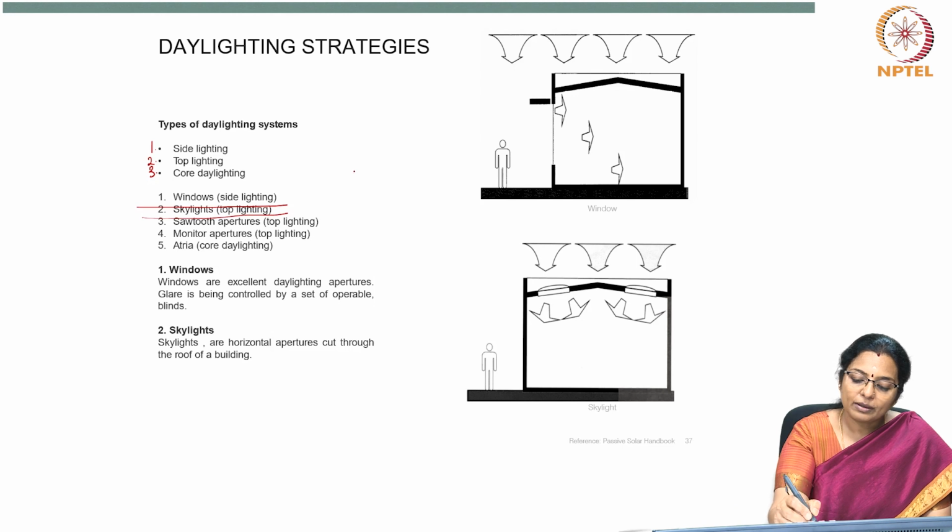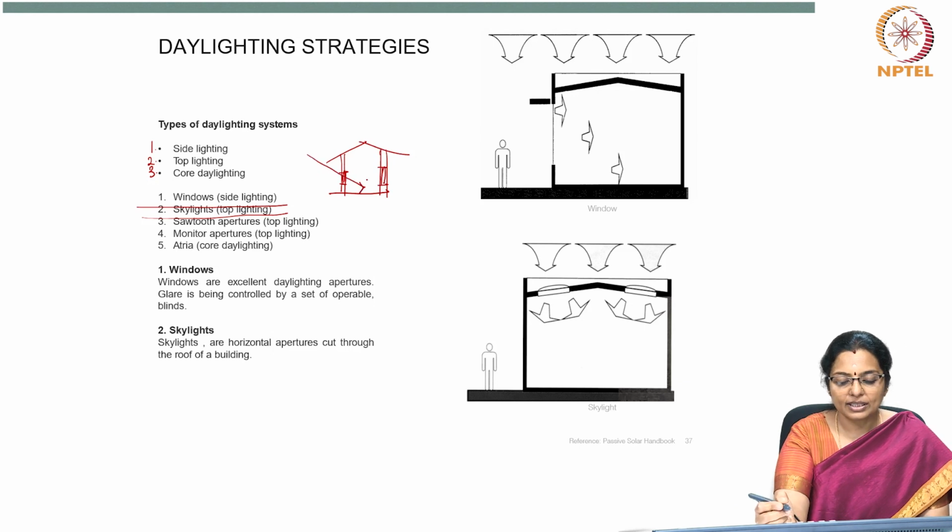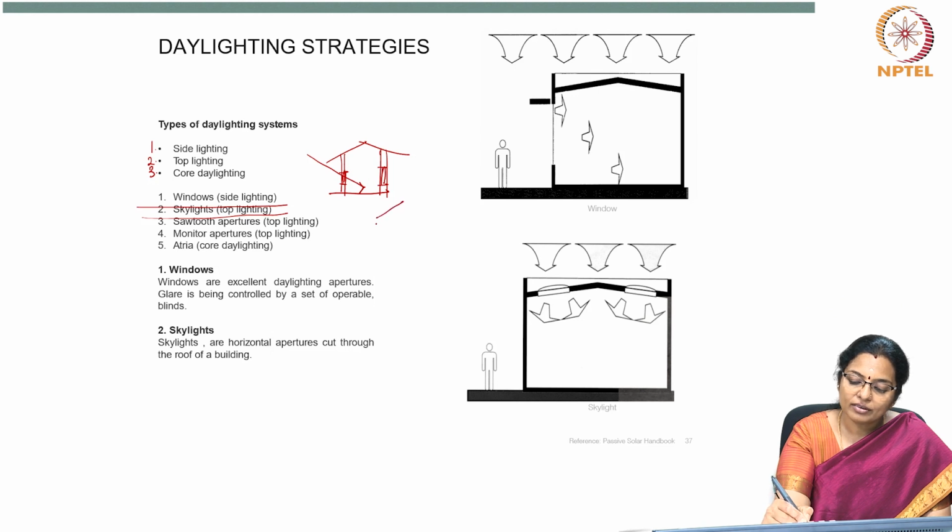So, windows will be along the wall, where we will get light on through the sides, whereas skylights will be on the rooftop. So, from top we will get light.